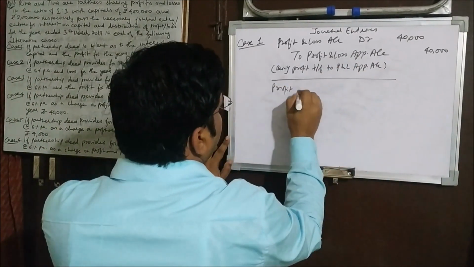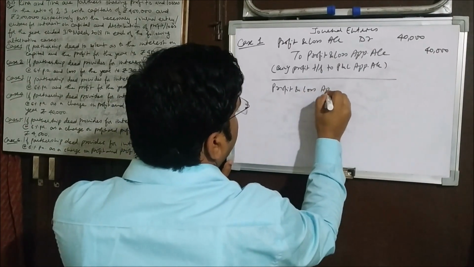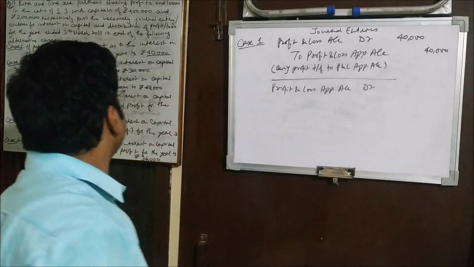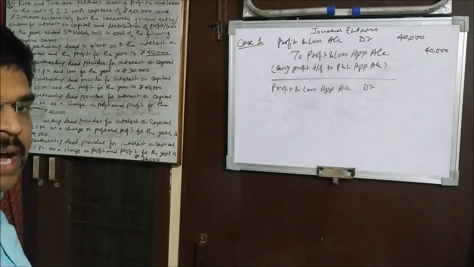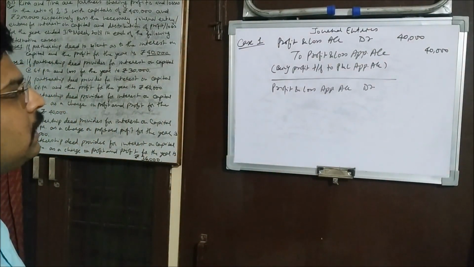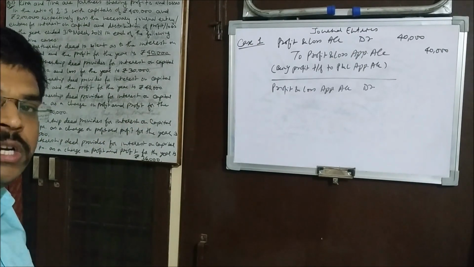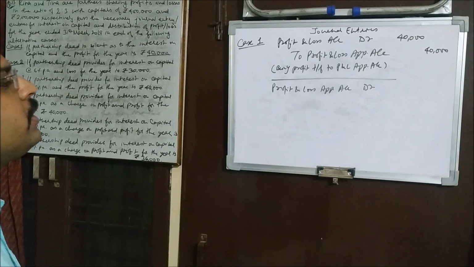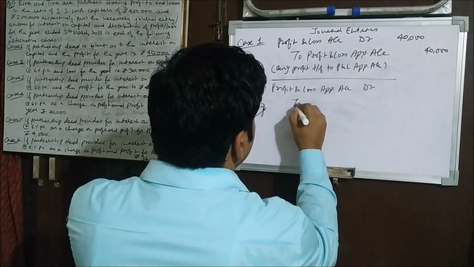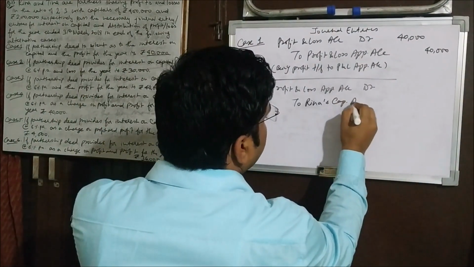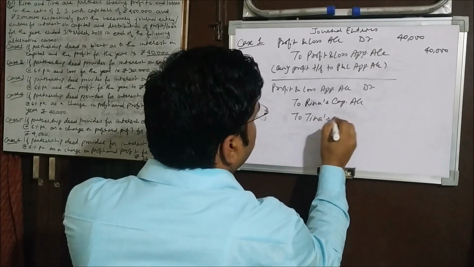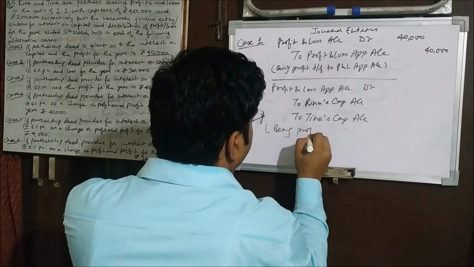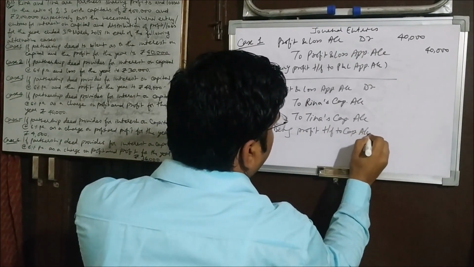Next entry, profit and loss appropriation account debit. See, because here no other item is given, so we consider that the whole profit is supposed to be distributed between the partners. So the next entry we are going to mention is related to the distribution of profit. Okay, so to Reena's capital account, to Tina's capital account, being profit transferred to capital accounts.